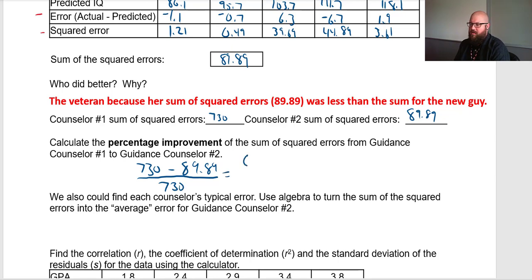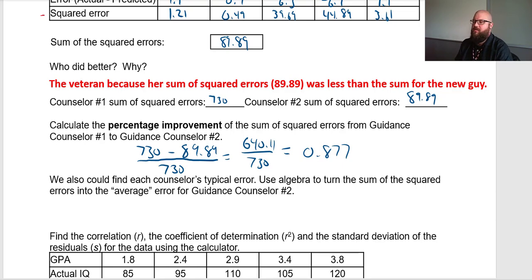So you should get, I think it comes up to be 641 over 730, which equals your 0.877. Okay? So that's a percentage improvement of the sum of squared errors from guidance counselor 1 to 2.